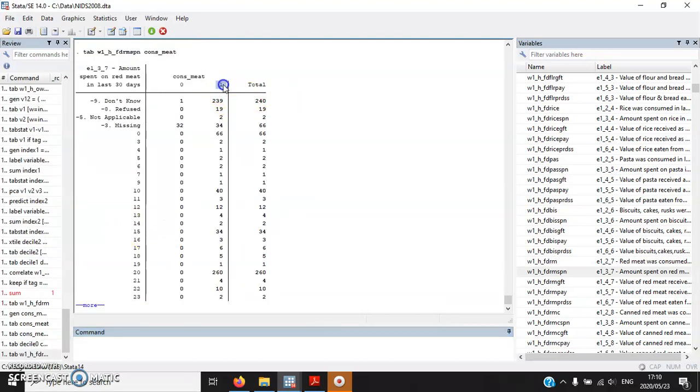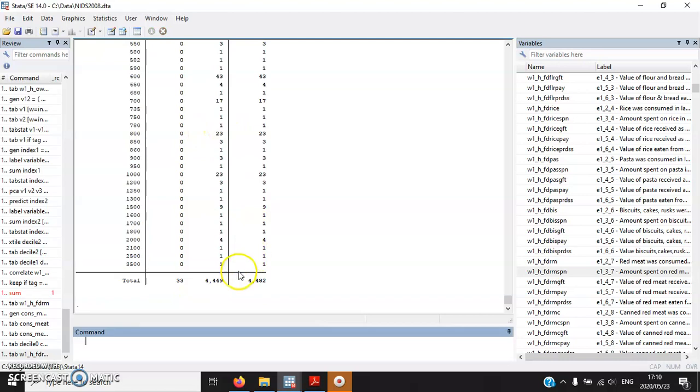Okay, so yes, these are the people who claim they consume red meat in the last 30 days, but some of them did not really specify the answer. Okay, so the answer is I don't know. Then the survey rule gave a code of -8, refuse, not applicable, missing, with some minus figure, but consumption could never be negative. So I'm going to replace these values as missing, actually, a missing dot.